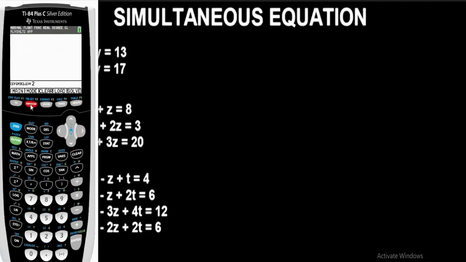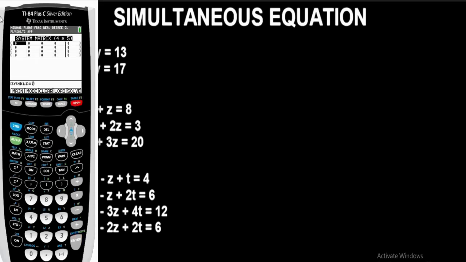Okay, then go to this place, 4 unknowns, press enter. Alright, you come down, 4 unknowns. Okay, press enter. Alright, so you are good to go. Normal, under degree is correct. So press graph for next.